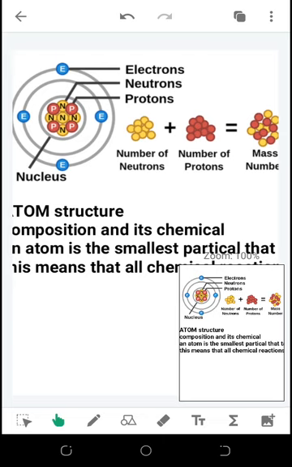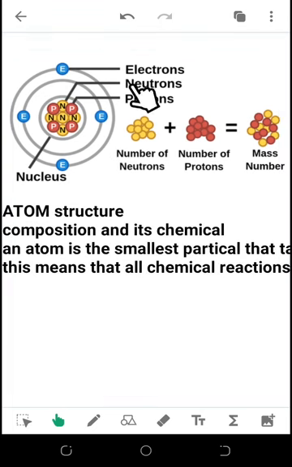So we are saying an orbital is just a region where an electron is expected to be found, or it is a region which is densely occupied by an electron.